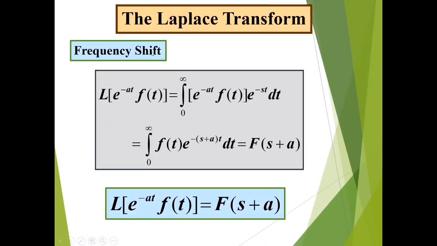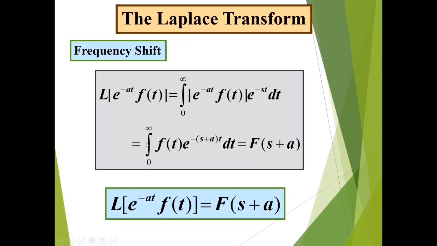Next, the frequency shift, that is L of e power minus at into f of t. Again we use the Laplace transform formula: the integral from 0 to infinity of e power minus at and f of t into e power minus st dt.